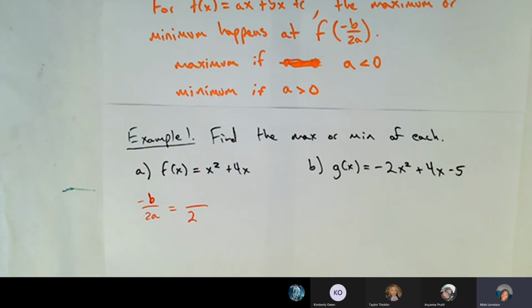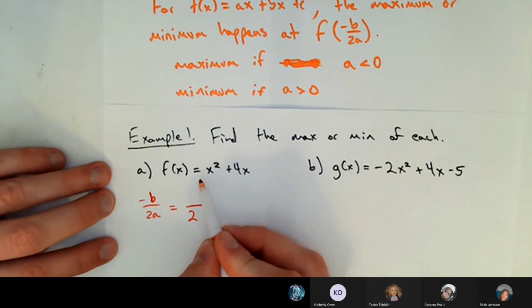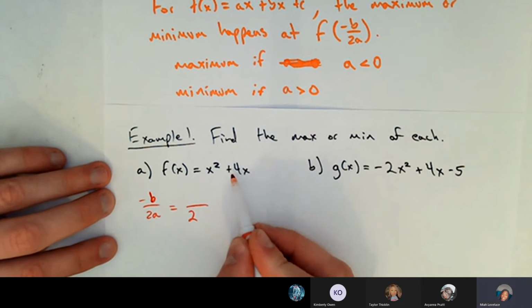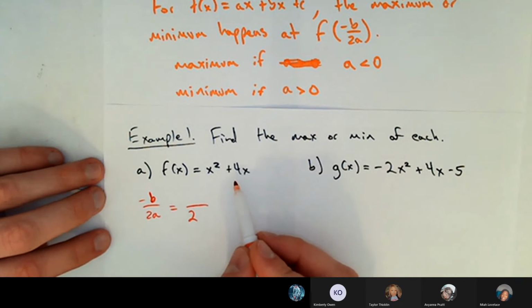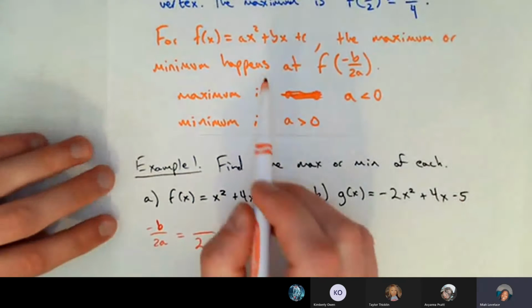Well, the 1 would be the a term, right? Because a here is 1. So then b would be 4. Yeah. So it's coming from this form.